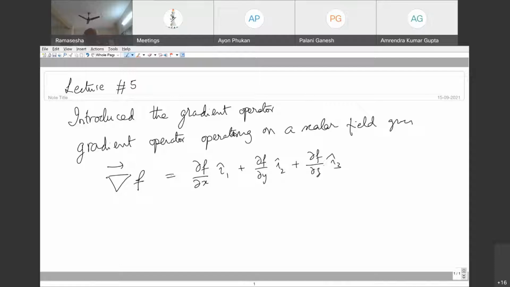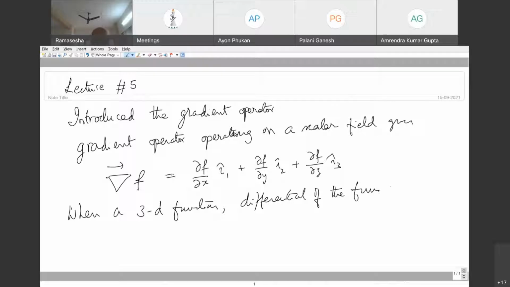So I told you, the reason why we come across this gradient operator is because when we have a three-dimensional function, and you want to find out the differential of the function at a point, it depends upon the direction.